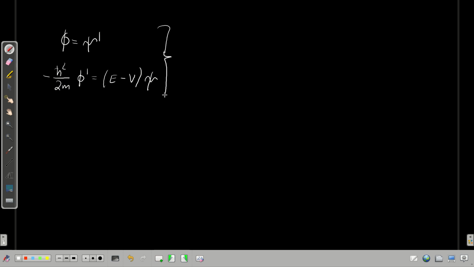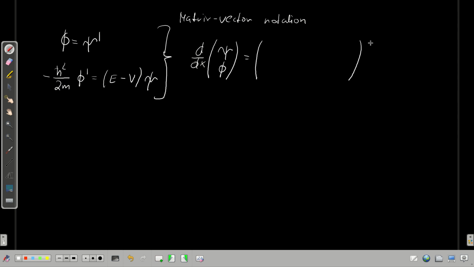And these two equations can also be written in matrix vector notation. So this gives us, first we write the differential operator, then a vector psi and phi, and this equals, here again, vector psi and phi, 0, 1.